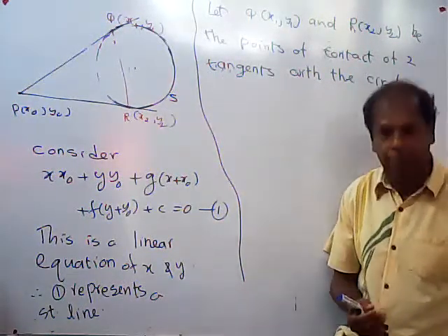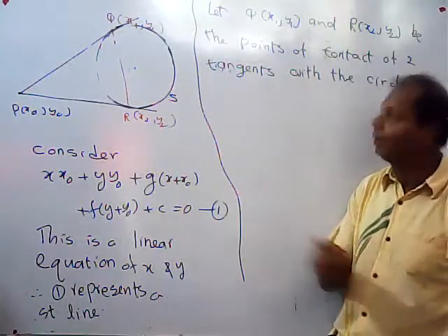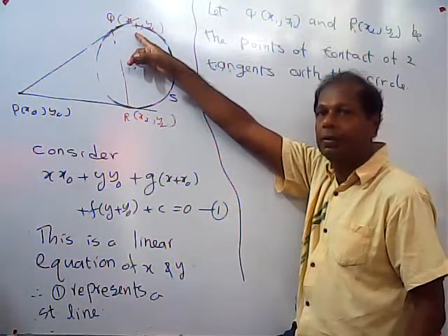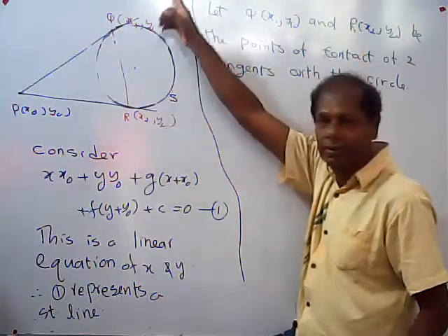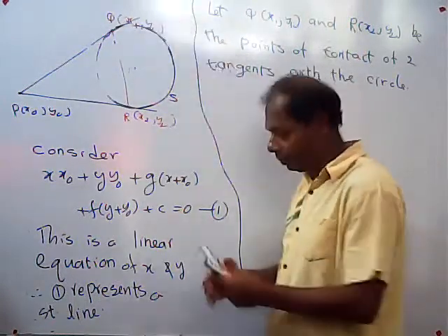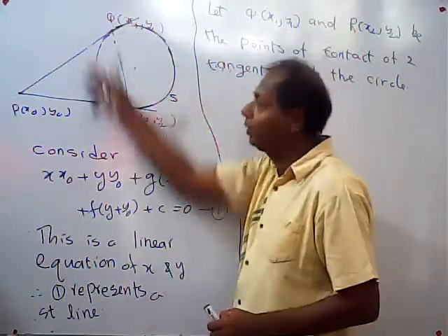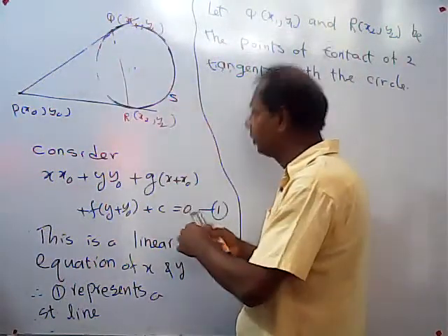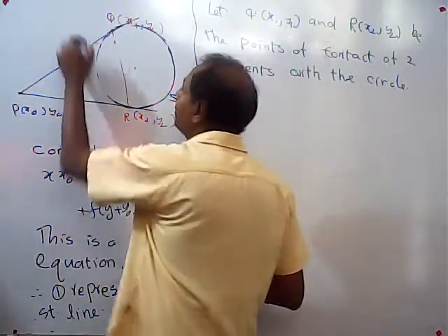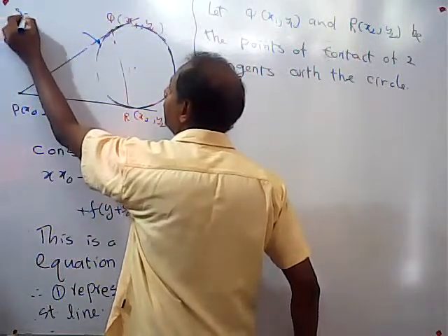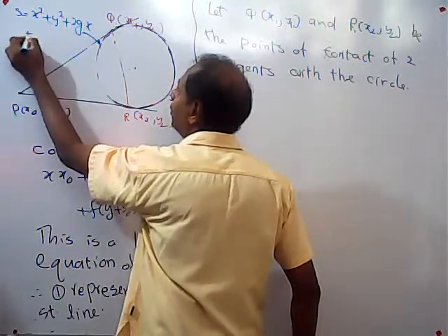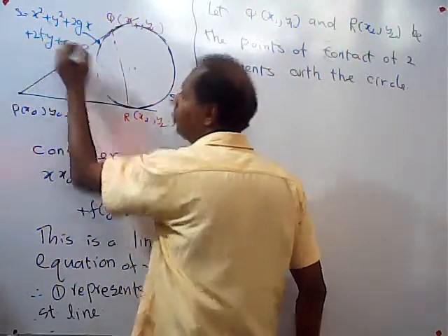Now conversely, so if Q(x1, y1) is the point of contact of this tangent with the circle, right? Now we have a point on the boundary of the circle. So the circle has the equation x squared plus y squared plus 2gx plus 2fy plus c equals 0, right?